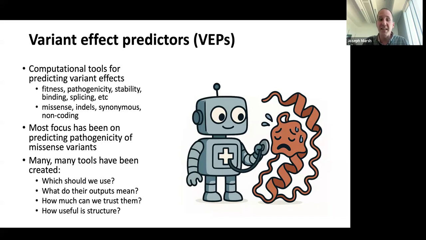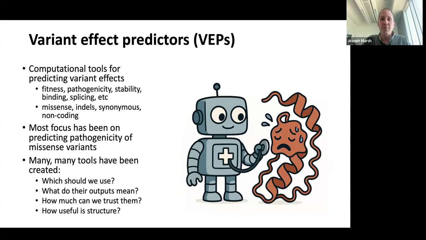They can be applied to different types of variants, like these missense variants, single amino acid changes that I'm talking about, but you can also apply them to indels or synonymous variants or variants in non-coding regions. But most of the focus in the field, and most of what I'm going to talk about, has been on predicting pathogenicity within these missense variants that make up a large majority of the current variants of uncertain significance and have very large implications for improving diagnosis of human genetic disease.